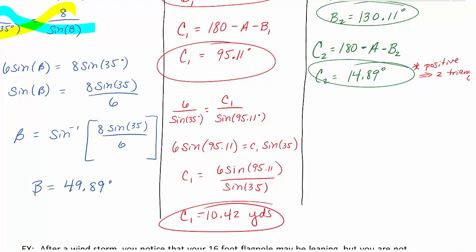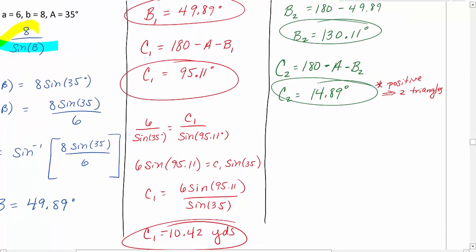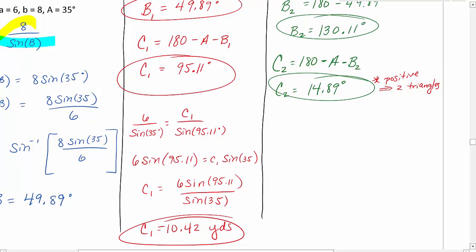We need to do the exact same thing with our second case triangle. We'll start our proportion with our known pair, the one that was given, and then that's going to be equal to side C2 over sine of 14.89 degrees, cross multiplying.